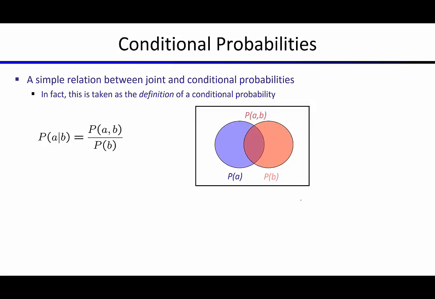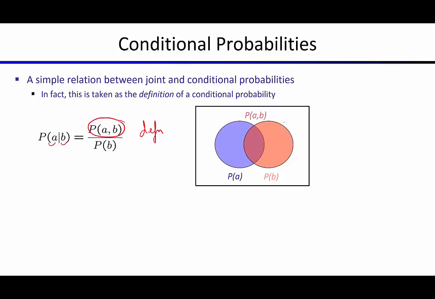So conditional probability for an outcome A given we have B, this is the definition here, is the joint probability of A and B occurring together divided by the probability of B occurring. So you're measuring the fraction of the time that A and B occur together when B is occurring.